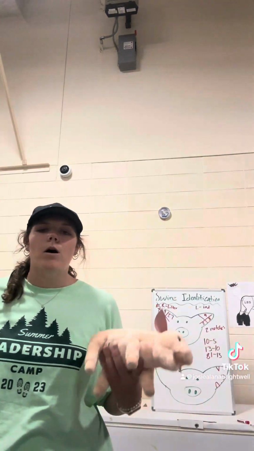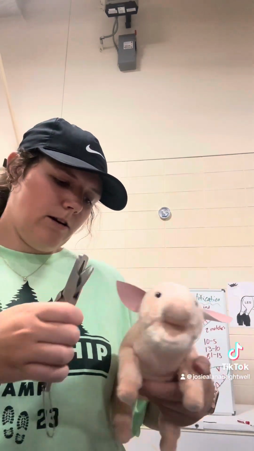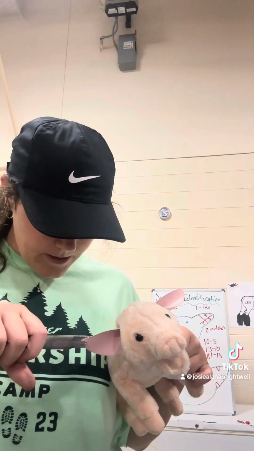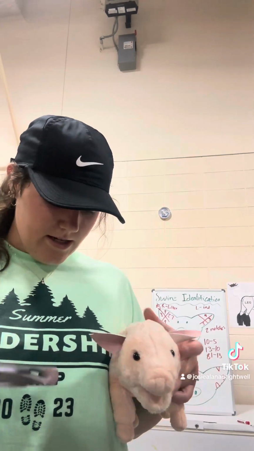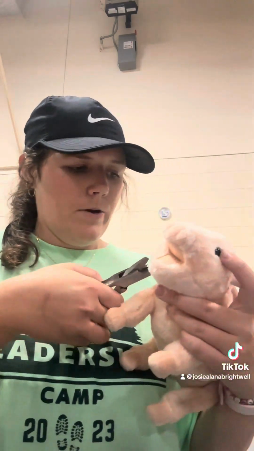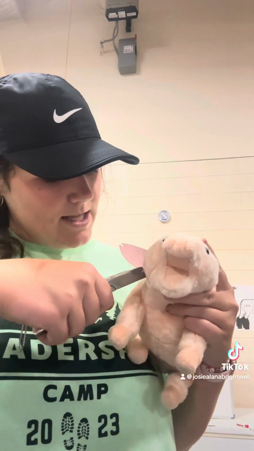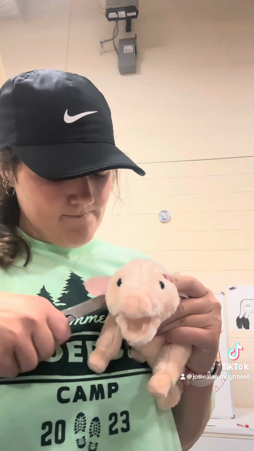All right, so on our first pig, we are going to notch 82.6. If we're looking at our litter ear, we're going to need an 81. So the tip of our ear, a little bit of our notcher in there, 81. If I did an 81 and I want 82, I'm going to need to do a 1. So down here, closest to the head, let me notch out a 1.